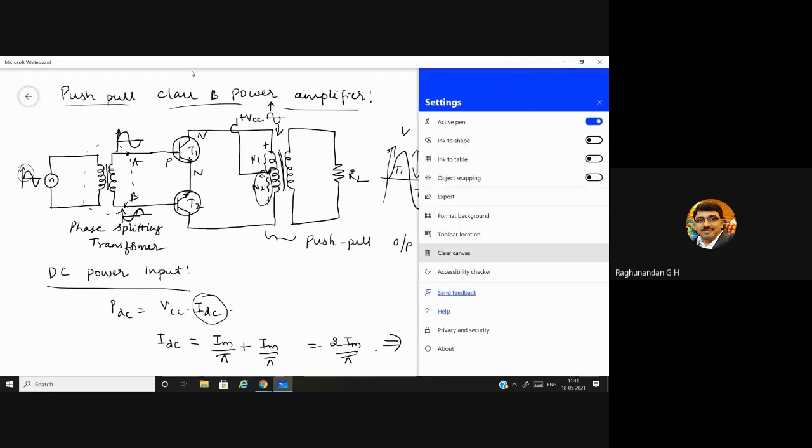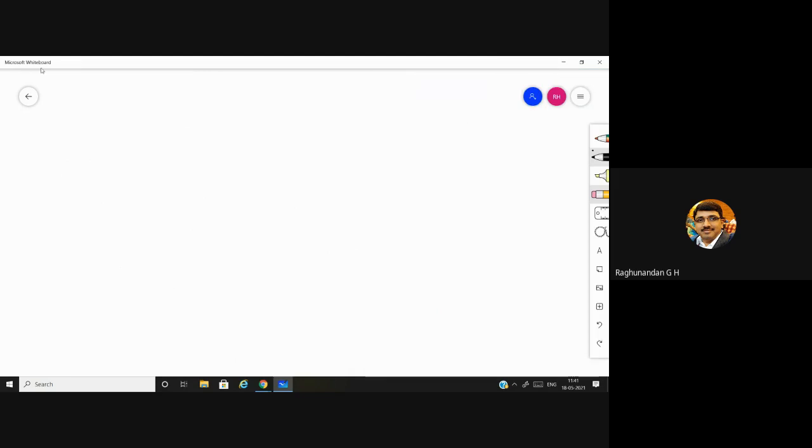After this, what is the next step? AC power output, right? So for this, let us take our VI characteristics, that is IC versus VCE, and this is the load line we have, and this is our Q point.